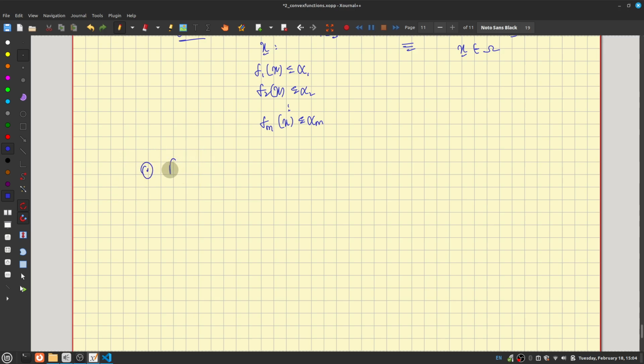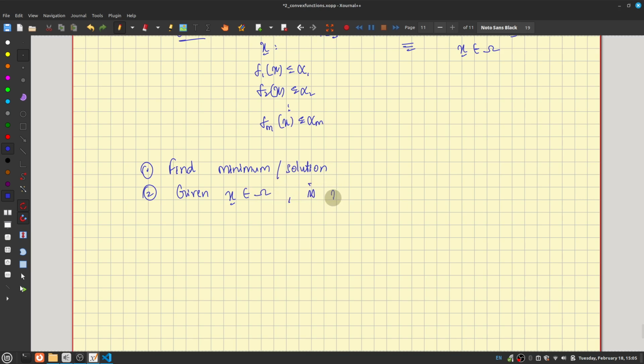So, first problem is find the minimum or the solution. The second thing is, given some particular x that satisfies the constraints, is x a solution?